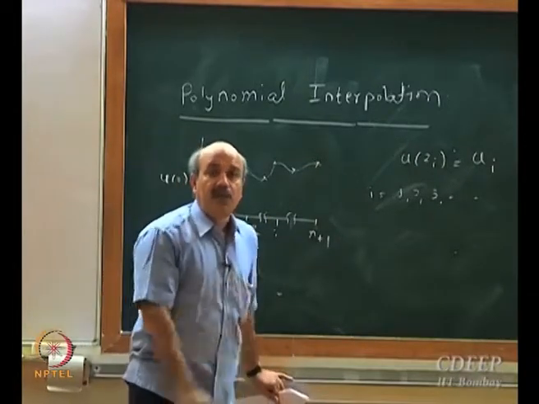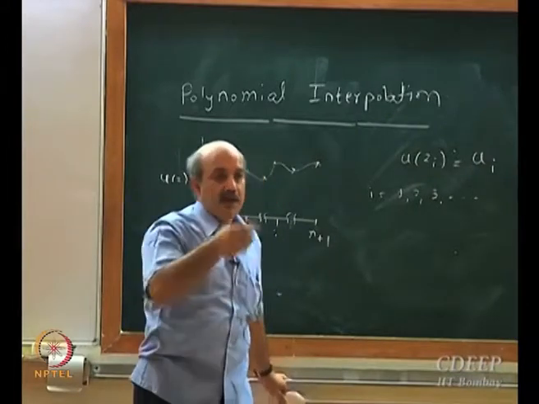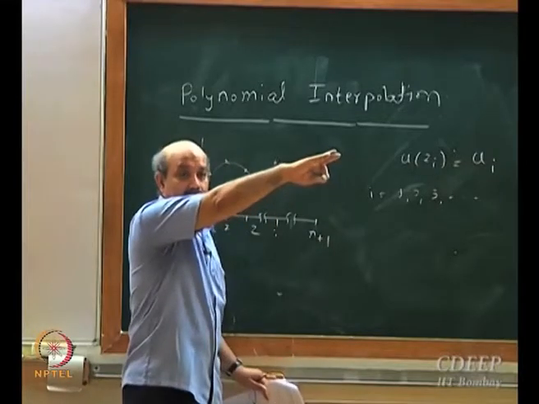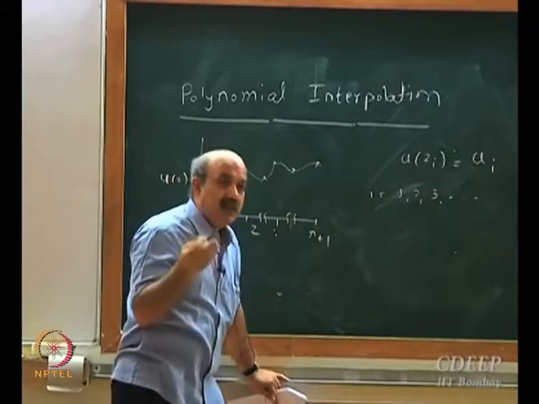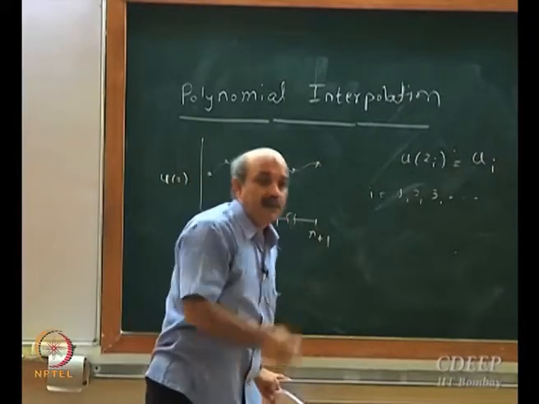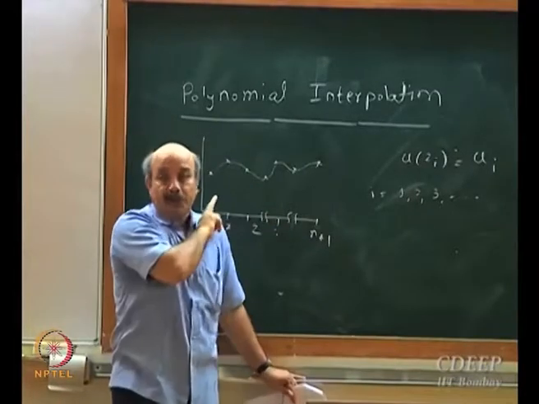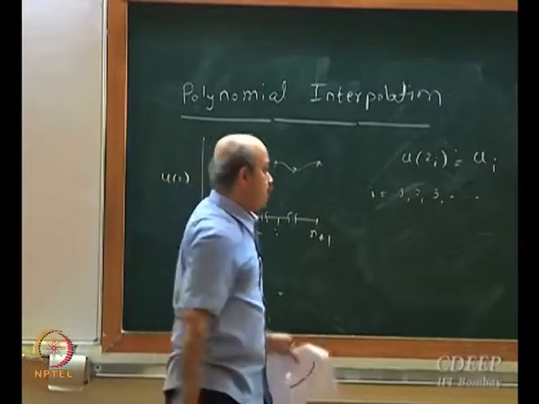This is different from least square approximations which you do in your experimental work, where you fit a line and the line may not pass through every point. We'll look at least square approximations a little later, but right now we are concerned about constructing a polynomial that goes through every point.